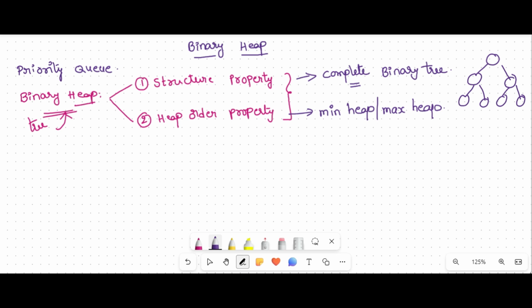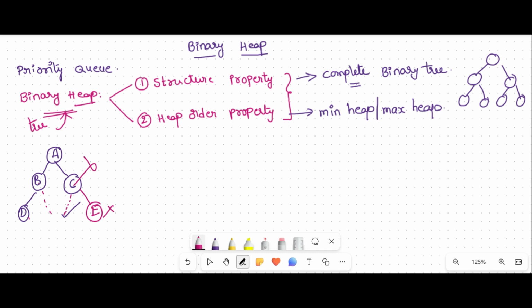For example, A, B, C, D is a complete binary tree. For example, this is not a complete binary tree. After D, B's right is left, so we have to insert the node there first. Next we have to insert C's left and then only C's right. So it is not a complete binary tree.